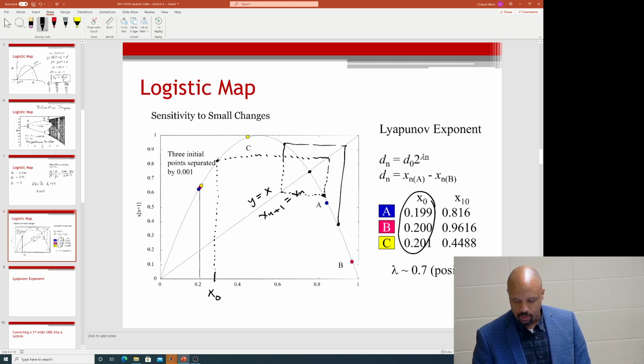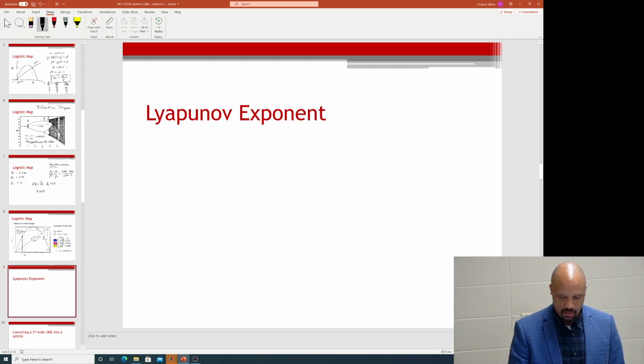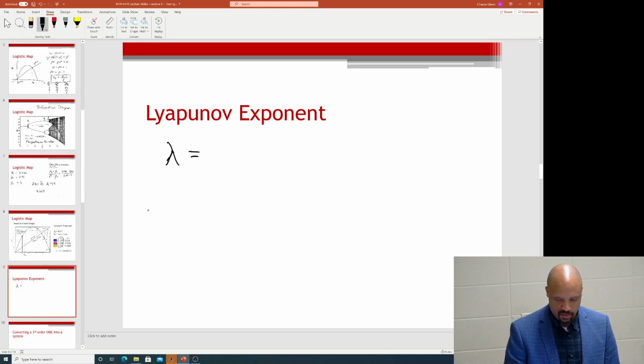So if you solve for this, you'll see that the Lyapunov exponent is equal to the log. It doesn't matter which log you use.